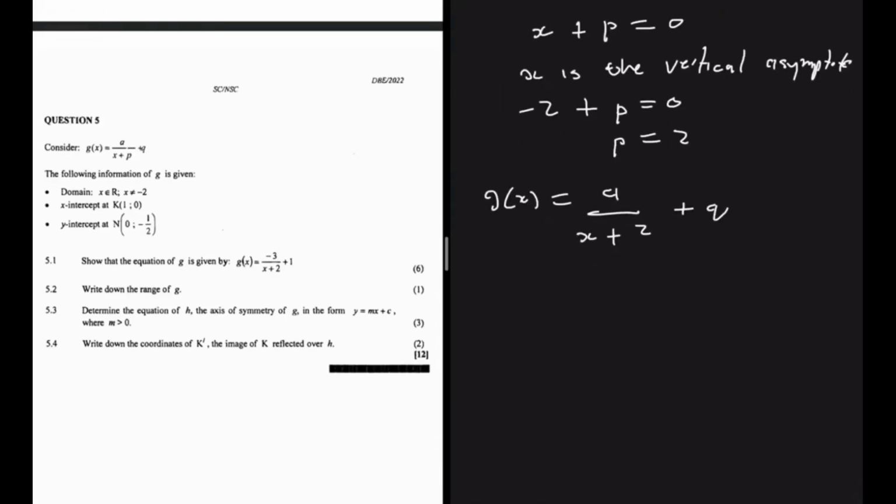So we can say x-intercept, and then we are told that the x-intercept is some point k of coordinates 1 and 0, right?